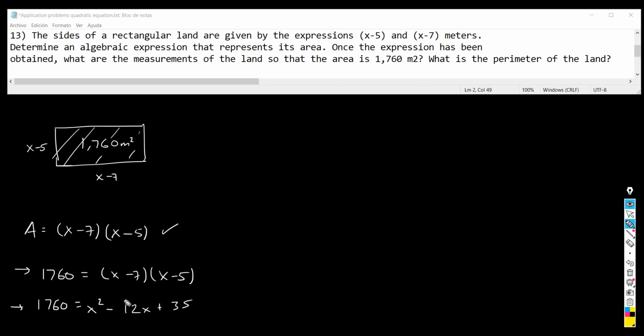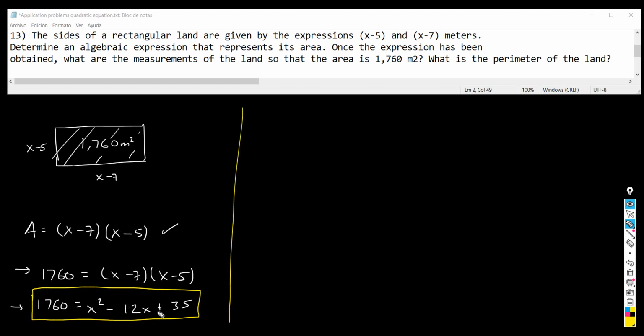As you can see, we have another quadratic equation, which we can solve by whatever method you want. It doesn't make any difference. By solving this quadratic equation, we will get x. Now, what is x? X is neither of these sides. X is just a value, just a variable. Once we know x, we can put it here and put it here.